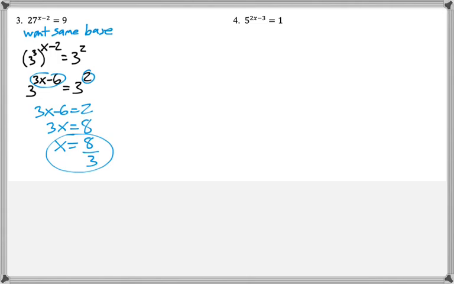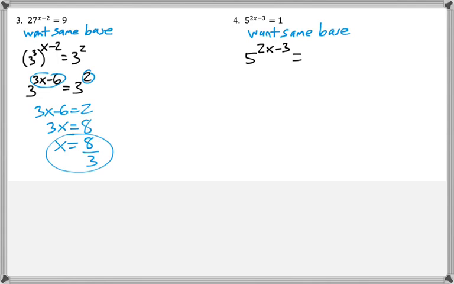On 4, I want to get the same base. So I'm not going to change the left-hand side, but the right-hand side we have 1.